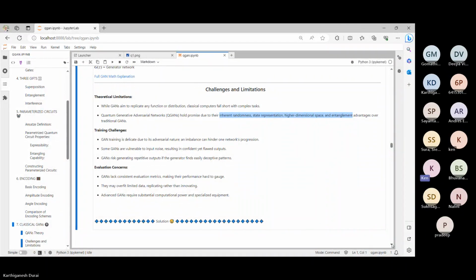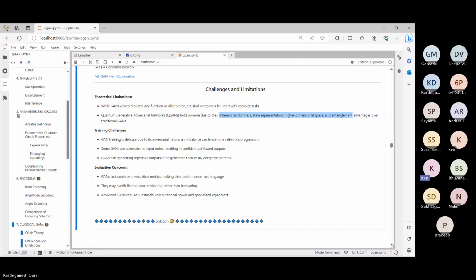And training challenges. GANs training is delicate due to the adversarial network. It's easy to veer off and get into these rabbit holes. GANs are vulnerable to input noise. You know, there might be noise issues. GANs risk generating repetitive output. Because we're dealing with pseudo-randomness, how long is it before we actually have to go through the same repetition pattern?